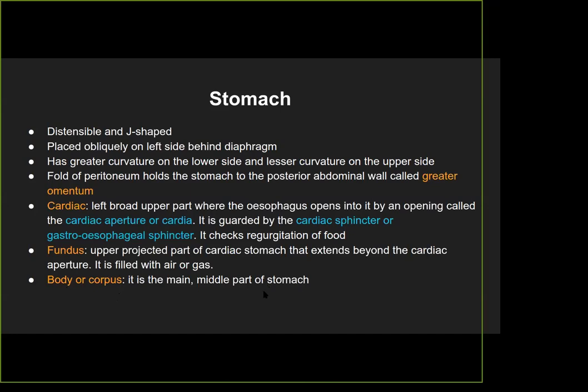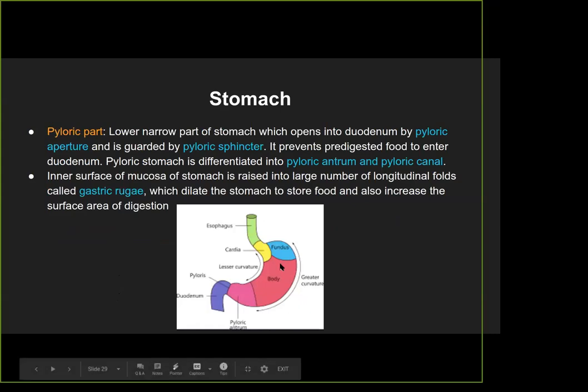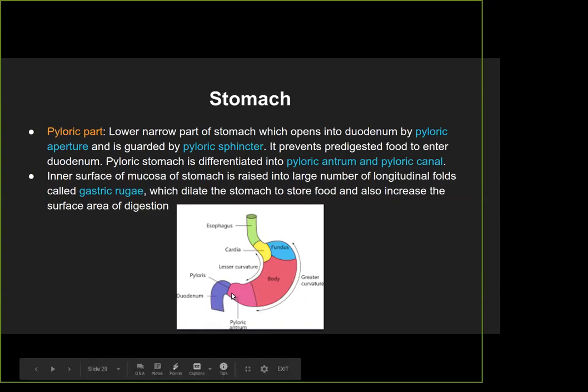This is the middle part of the stomach, and the largest part within it. The major function of the body is to allow the mixing of the gastric juices, so the gastric acid is mixed with the food content we are eating. So that's the body, and the last part is the pylori or pyloric part.